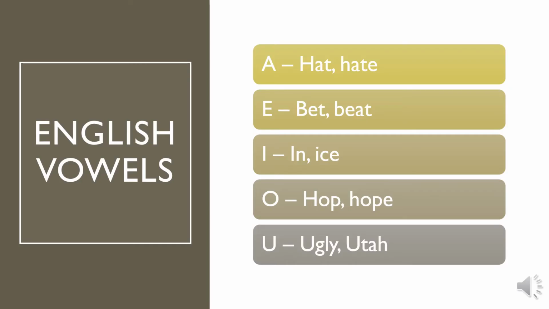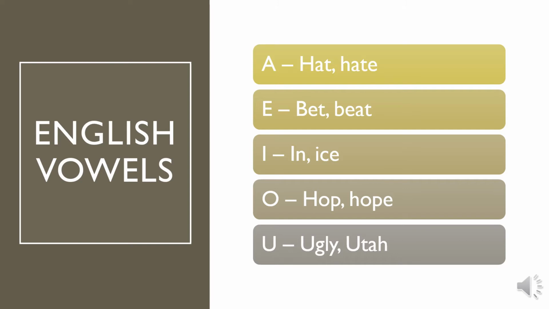We will start with the vowels in English first. English vowels each have two sounds, a long and a short. So the letter A can make an A sound like hat or an A sound like hate. The letter E, bet, E, feet. I, in, ice.